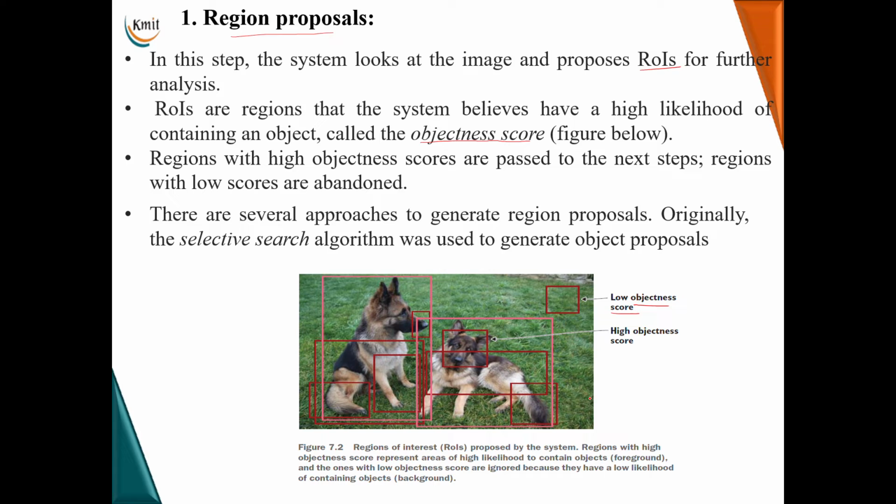So n number of bounding boxes, that is regions of interest, will be generated, and only those boxes whose objectness score is high will be passed to the next block, and the low objectness score bounding boxes will be abandoned, that is, suppressed. So what is region proposal? Region proposal will generate n number of bounding boxes with high objectness score and send them to the second compartment for further analysis.